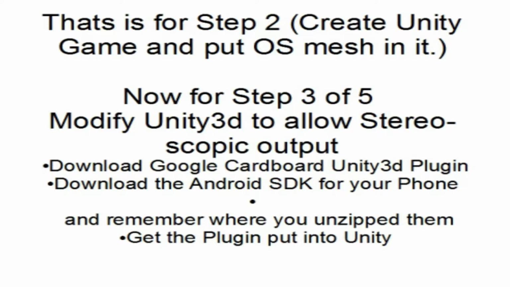You want to add an asset and you want to import a custom package. When I click on import a custom package, I go find the Cardboard plugin, and I'll get this large screen with all kinds of stuff in it, and I'll say, yeah, that's what I want. So I will click import.